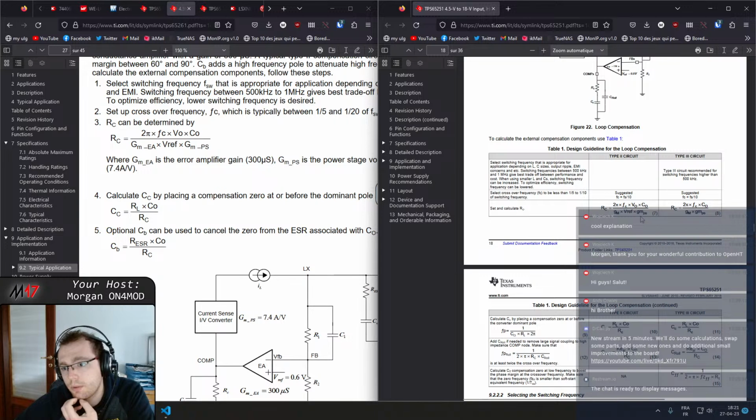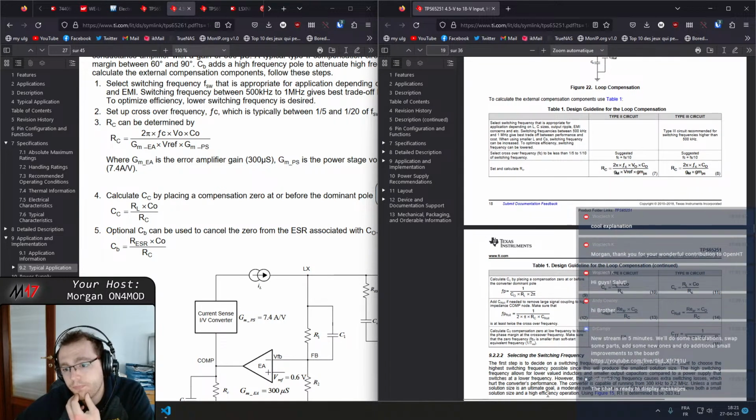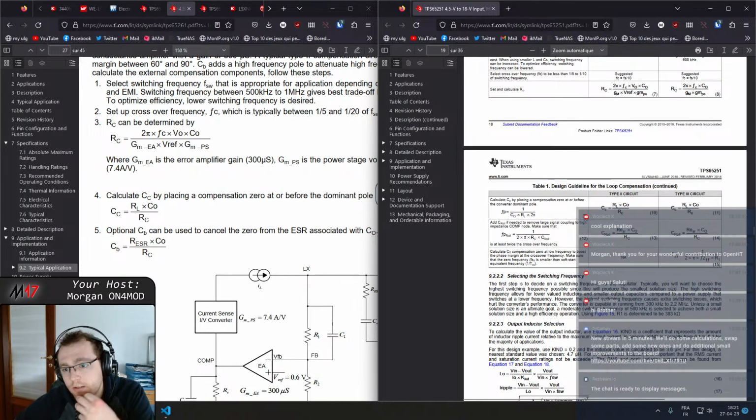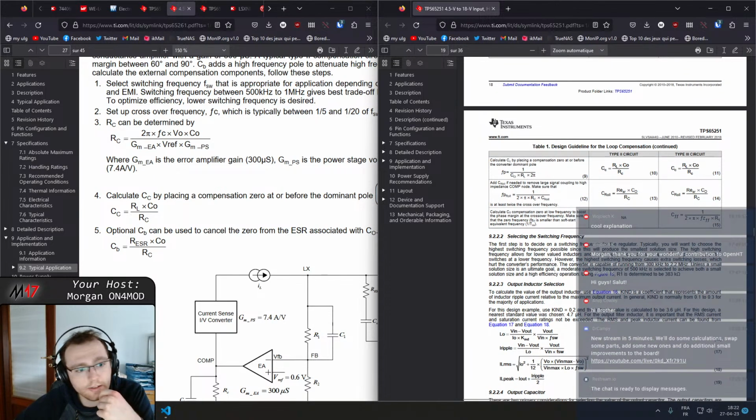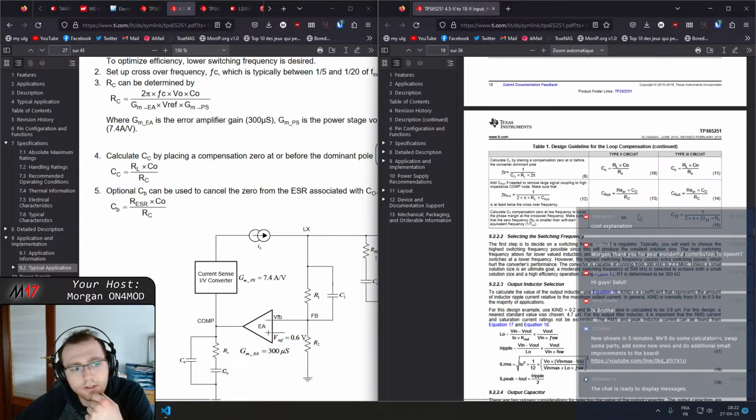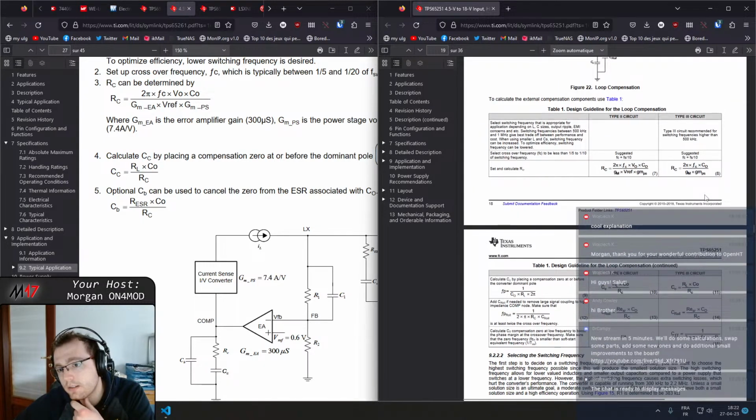Exactly the same. Perfect. And then we have a look at CC. It's RL times CO divided by RC. Great. And then CB, which is C roll in this case, and it's RESR times CO divided by RC. So great, same thing.